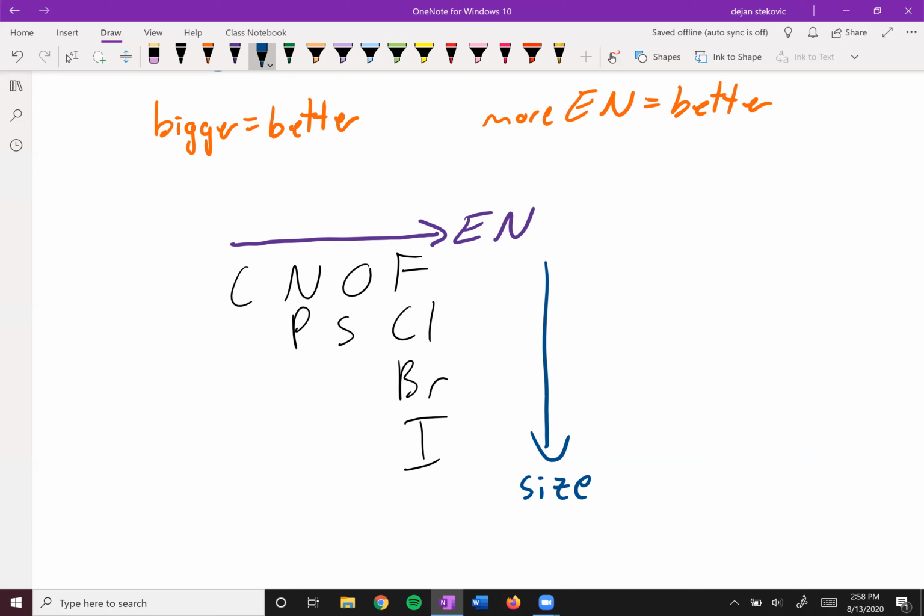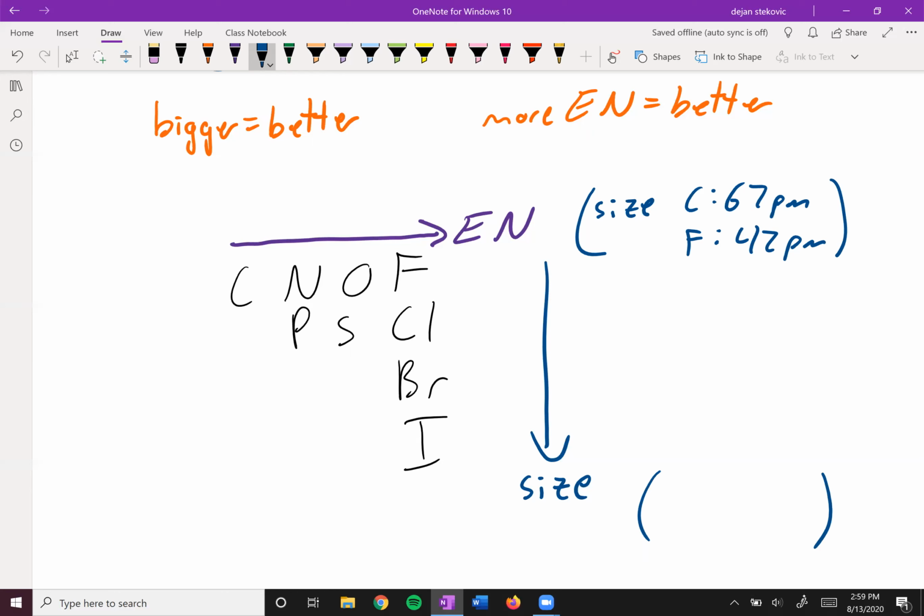When you're going from left to right, your size doesn't change that much. Your carbon is 67 picometers. Your fluorine is 42 picometers, right? That's not that big of a difference in terms of size. But when you're going up and down the periodic table, the size difference is quite significant.